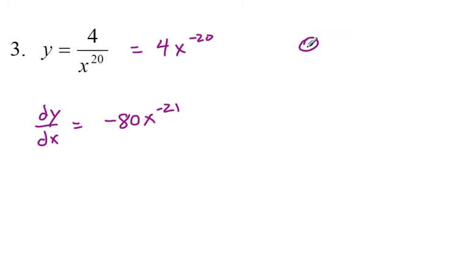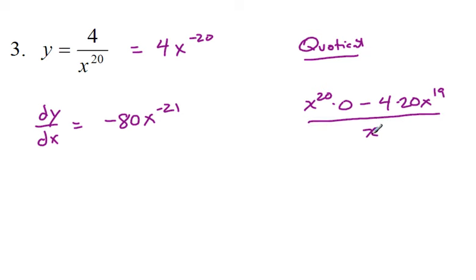If you do use quotient rule, which I advise against, I want to make sure you do it correctly. And so that would be the bottom times the derivative of the top. The derivative of 4 is 0, minus the top times the derivative of the bottom, all over x to the 40th. Now I would expect that you clean this up.